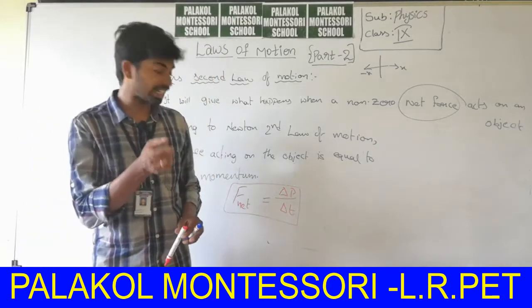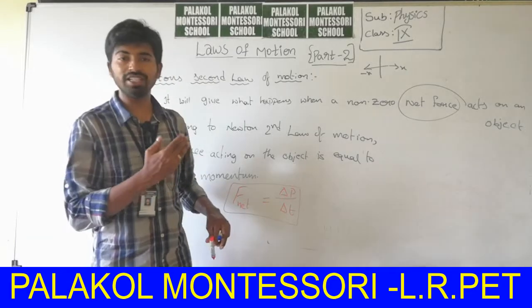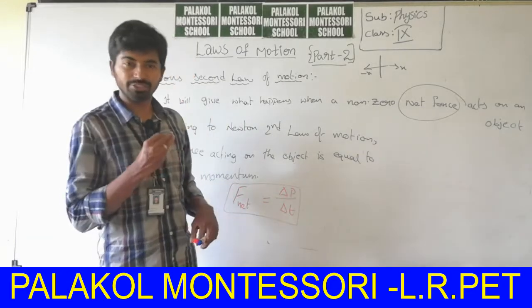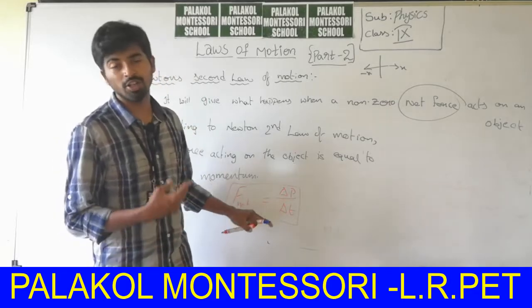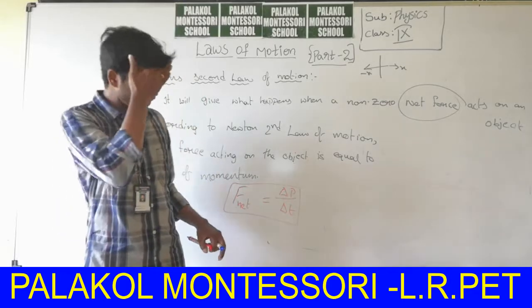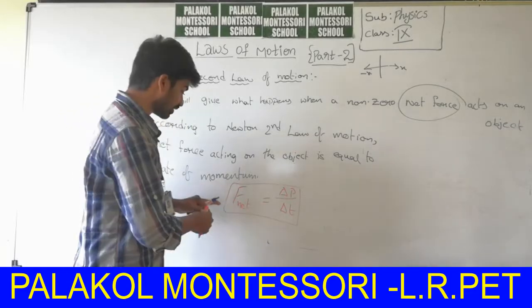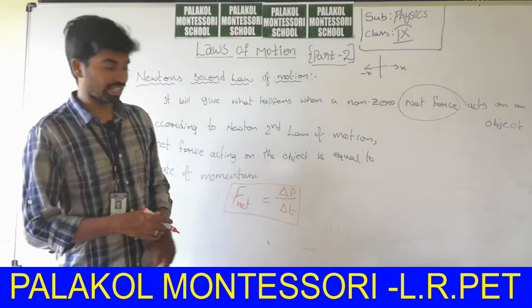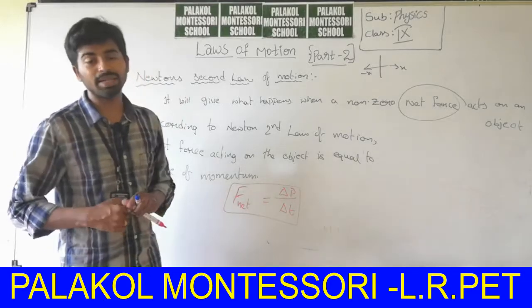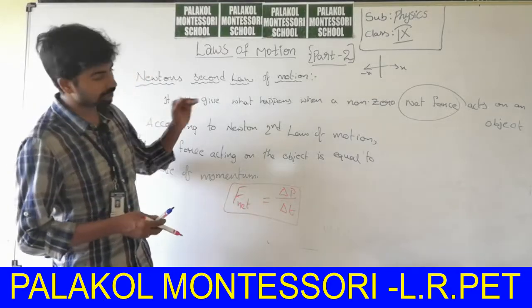So, what will the net force do? Net force will change the momentum. Rate of change of momentum, in 1 second how much momentum was increased. So, that will be equal to the net force acting on the object. F net is equal to delta P by delta T according to Newton's second law of motion.